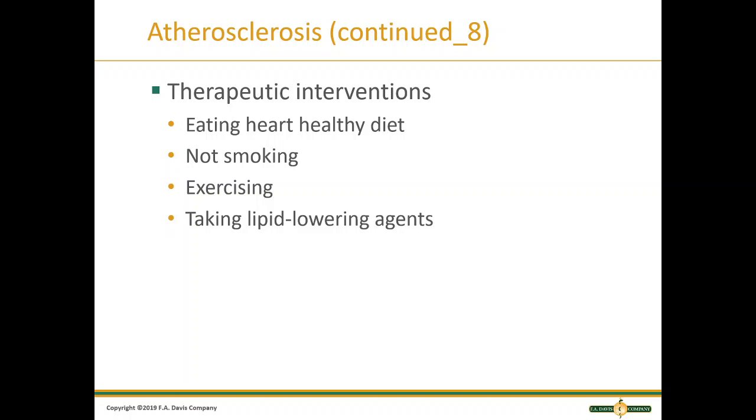I've given you some, but it's definitely proven that eating a high vegetable, grain diet is going to be heart healthy. So you want to keep the cholesterol count down, avoiding fatty foods. Choose fish and white meats if you're going to eat meat, and no smoking ever. Regular exercise, walking at minimum, swimming, any kind of physical activity, and taking lipid-lowering agents as needed.